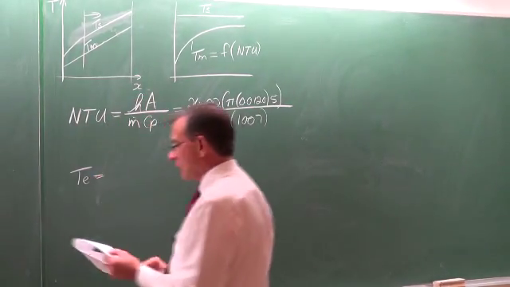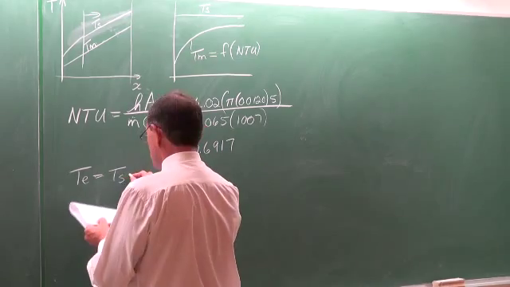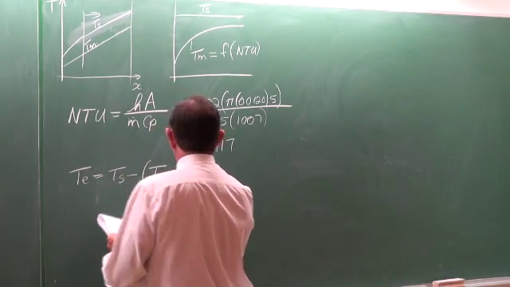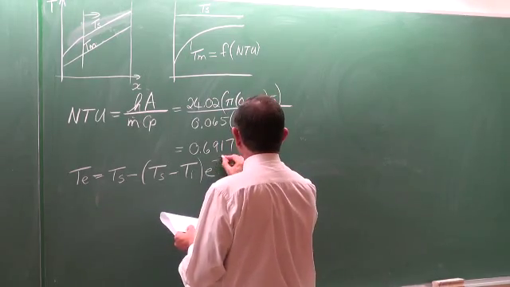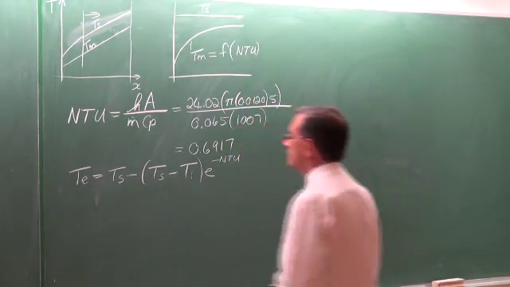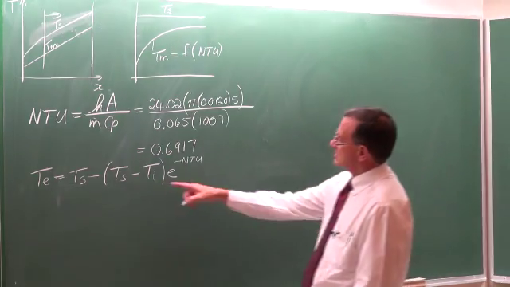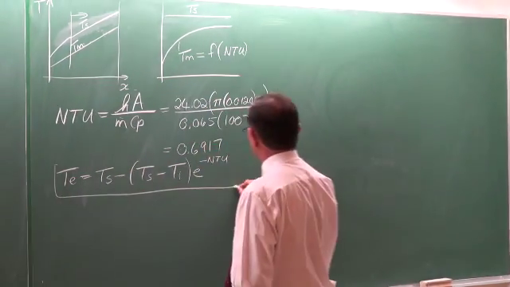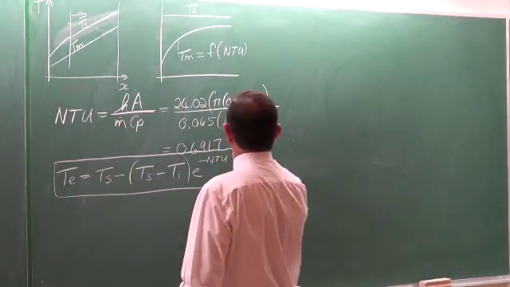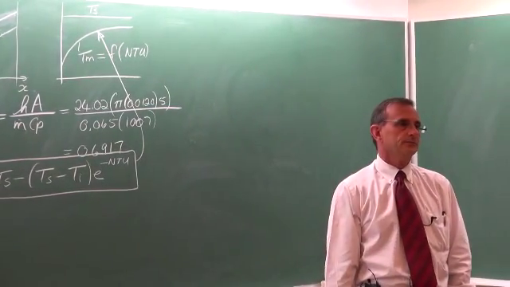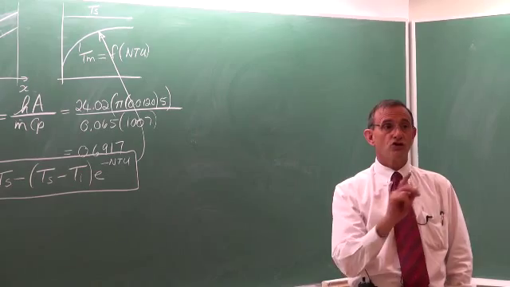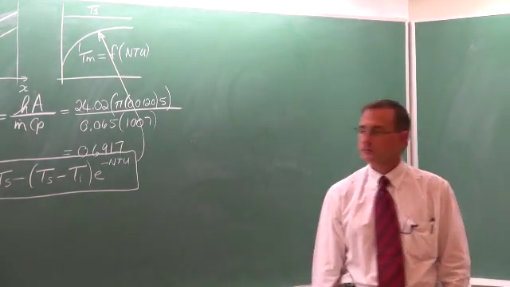So the outlet temperature is equal to the surface temperature minus Ts minus Ti e to the minus NTUs. Okay. So this equation describes that line for the case of a constant surface temperature.